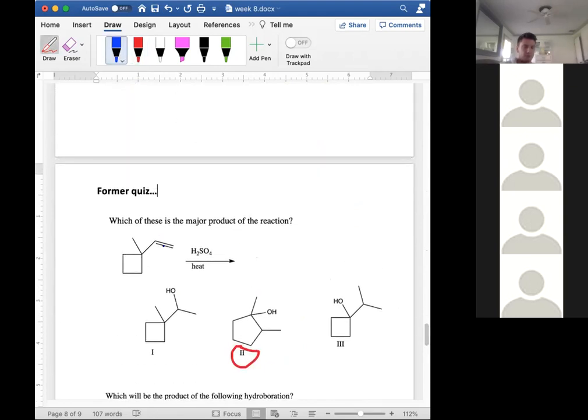So why is 2 our answer? What happened here when we did our intermediate? Yep, you had a ring expansion. That's how you got 2.